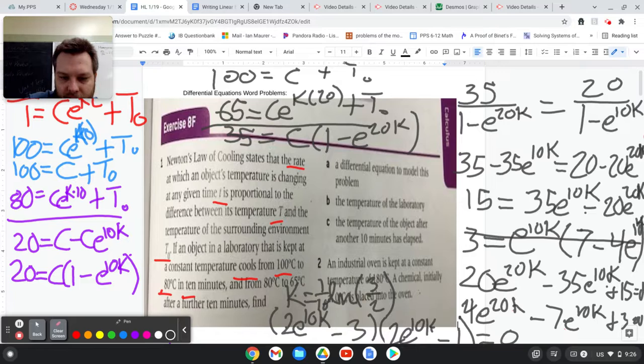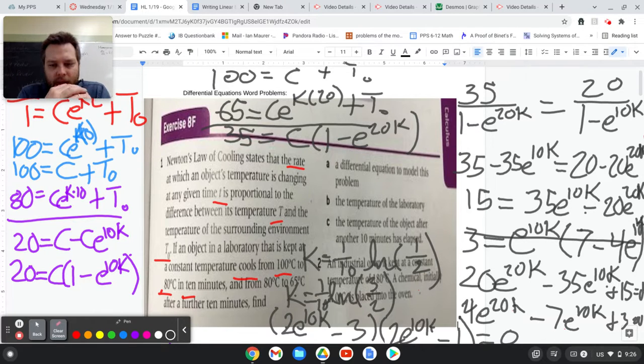And similarly with the other one, the only difference is the 3 becomes a 1. And so our other potential k value is k equals 1/10 times the natural log of 1/2. So then you can use this k value to go back and get the c value. And once you have your c value, you can go back and get the t value.